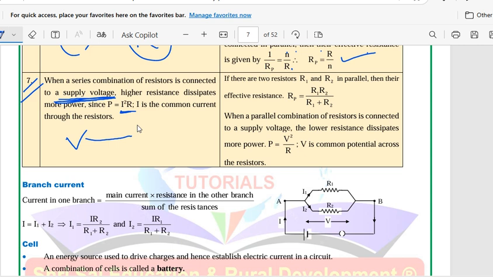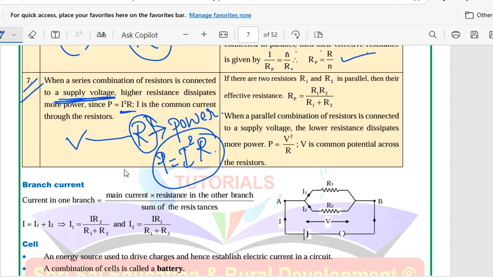In series combination, whichever resistance is the highest will dissipate more power. That power is P equal to I square into R, where I is the common current through the resistors.